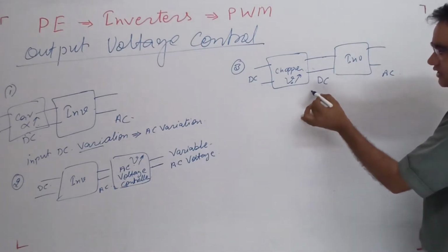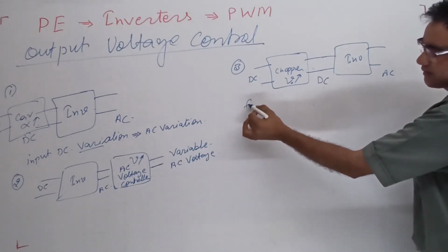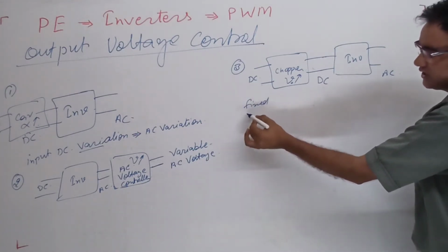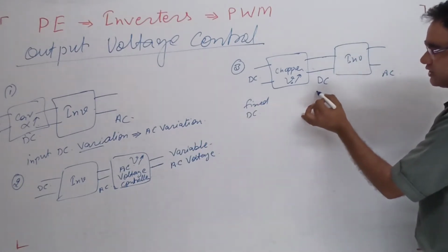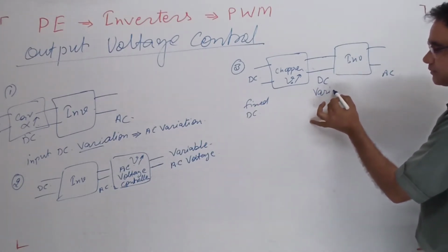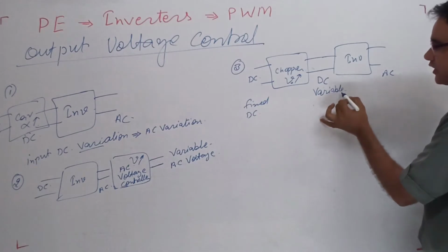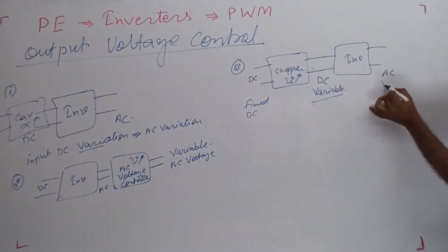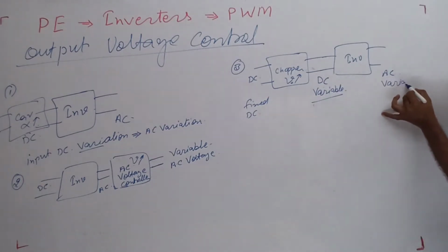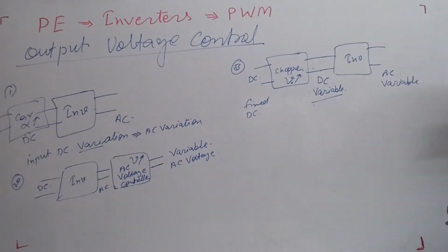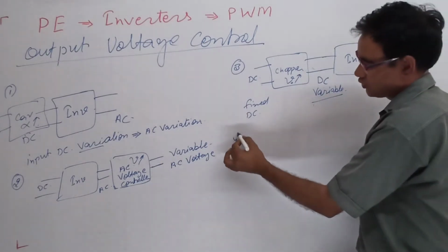So variable DC, this is the fixed DC, DC variable. So according to that variation, AC variable. So variation.